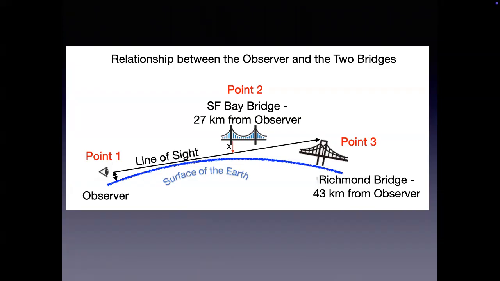And then it encounters the Bay Bridge and the Richmond Bridge. Well, here's the first point, the second point, and the third point. And from your analytic geometry, 3 points determine the circle. And in this case, the circle is the cross-section of the earth.